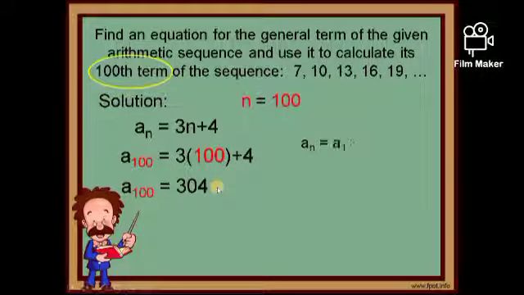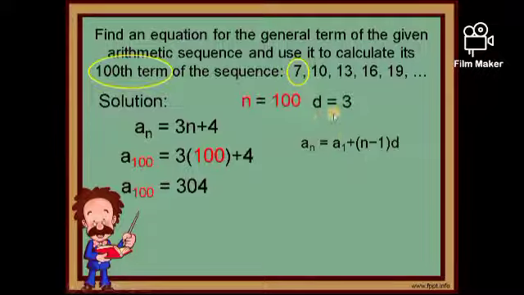Now, another solution is by using the general formula for an arithmetic sequence. So, the formula is a sub n equals a sub 1 plus n minus 1 times d. We should get the same answer if we use this formula. Let's see. In this formula, we have a sub 1, or the first term.